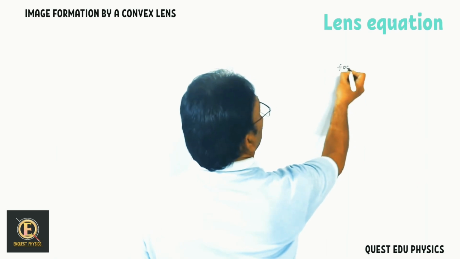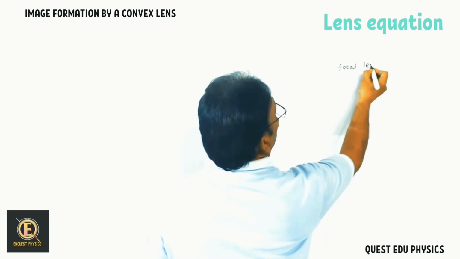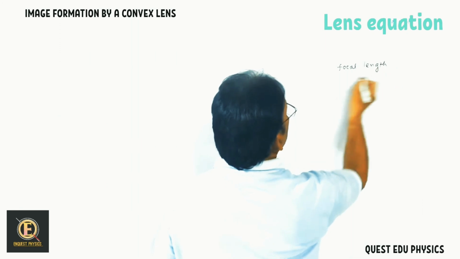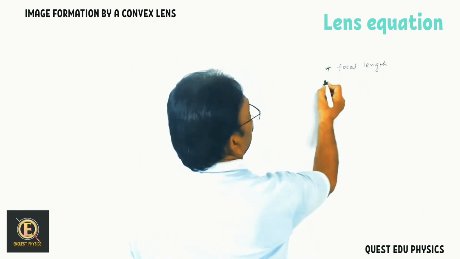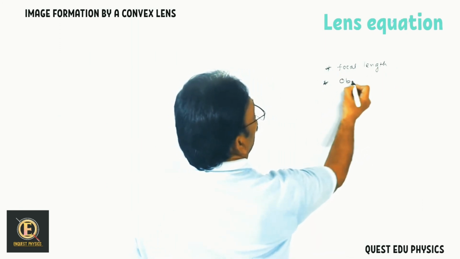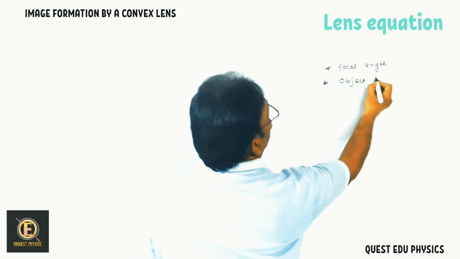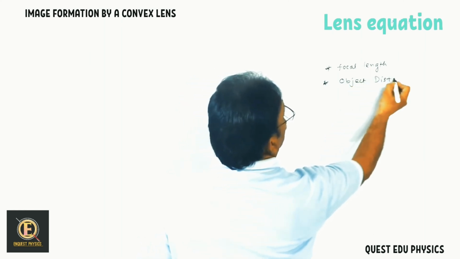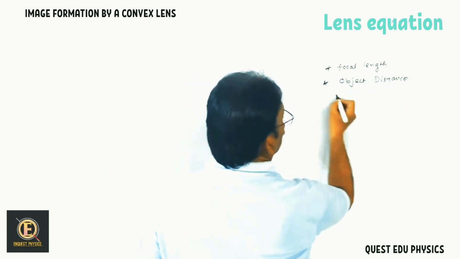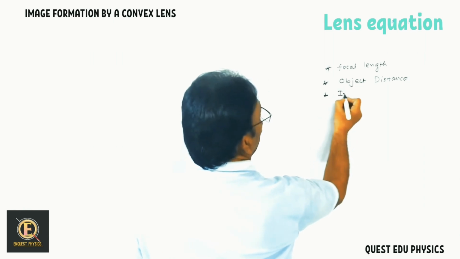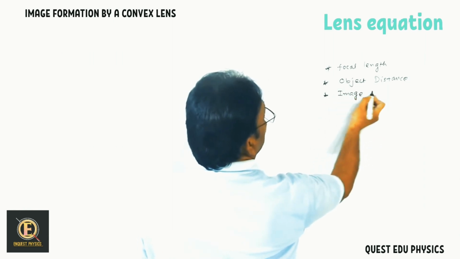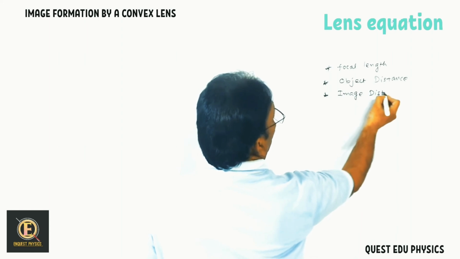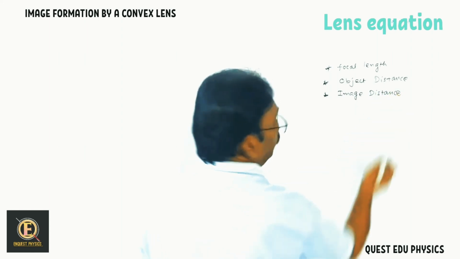Okay, we are finding the relation between the focal length of a lens, the second is the object distance, and third is the image distance, students. We have to find out the relation between these three.